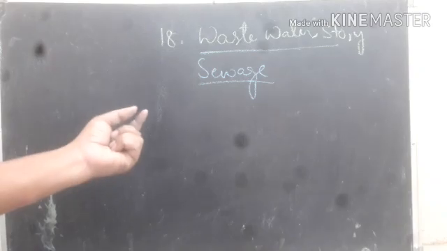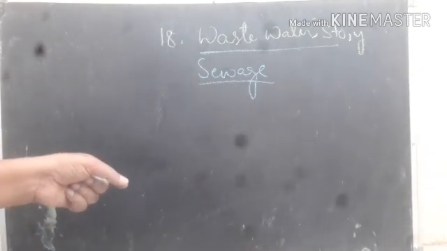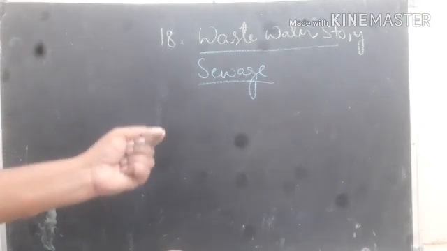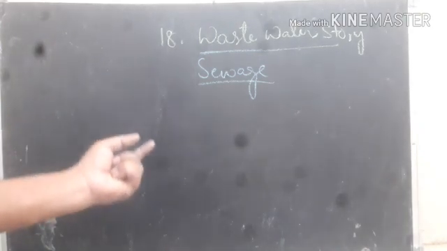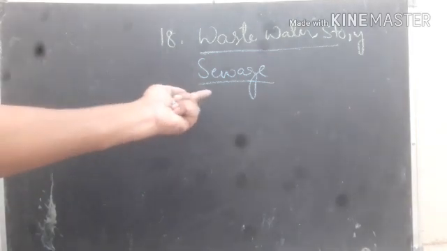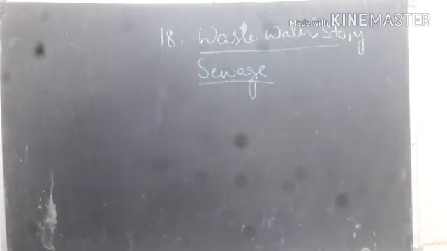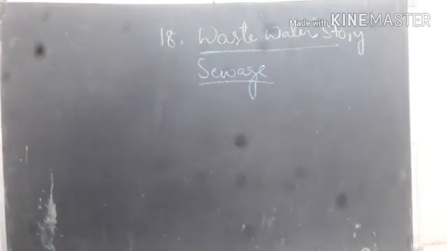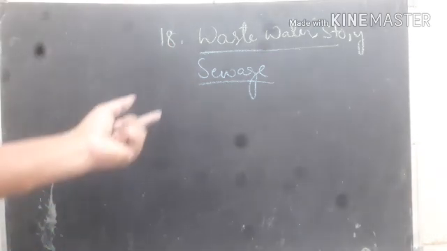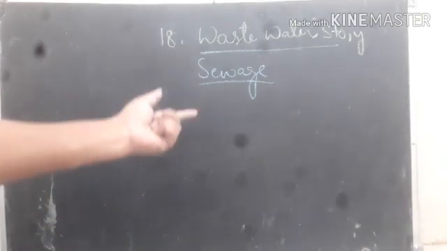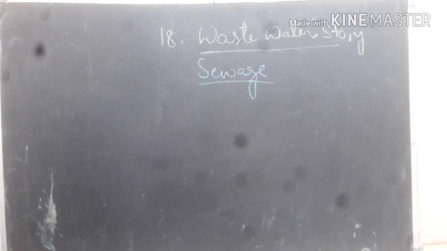The inorganic impurities are minerals and salts, metals, nitrates, phosphates, and potassium, which mix with the water as impurities. And we know very well that bacterial, protozoal, viral, fungal, and algal impurities are also there in the sewage water.